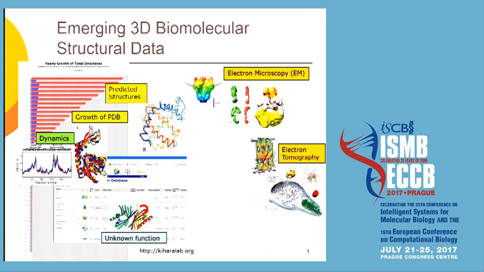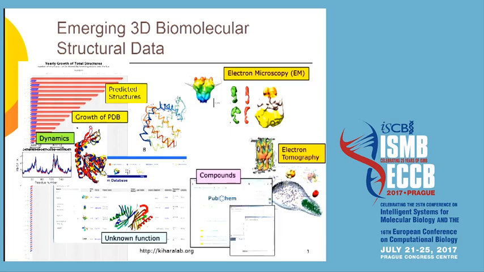Also, protein is not a rigid structure. It has implicit dynamics in it. So this data is huge. There are already databases of molecular dynamics simulations, but these are not much explored mainly from a structural bioinformatics point of view.